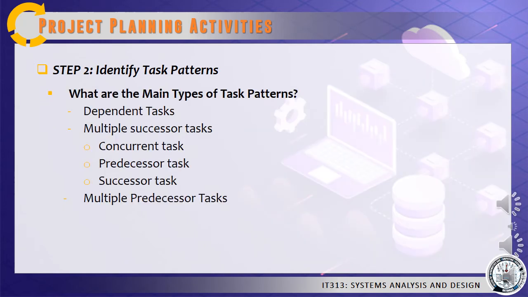A project is based on a pattern of tasks. In a large project, the overall pattern would be quite complex, but it can be broken down into 3 basic patterns. First is the dependent tasks, second, multiple successor tasks, and third, multiple predecessor tasks.